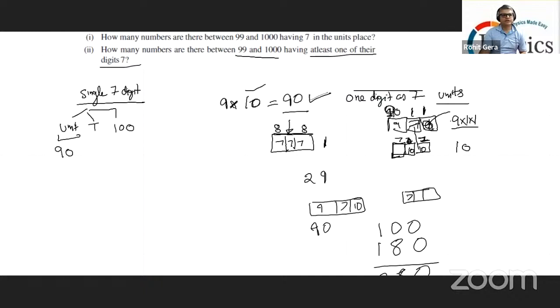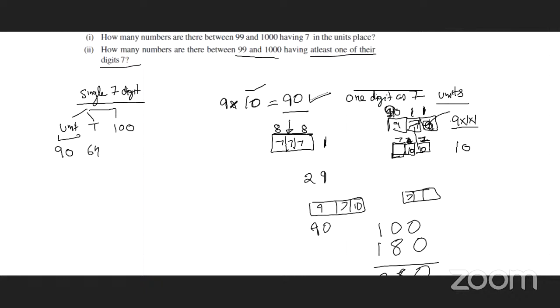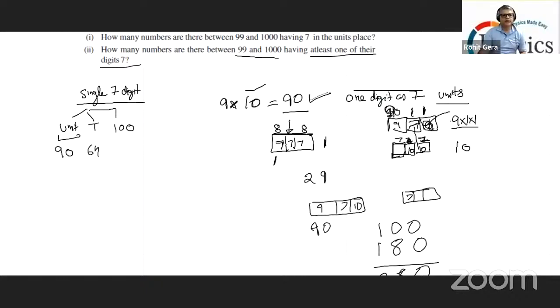So this becomes 64. And if it is in the hundreds place, the remaining digits can all be used, 7 cannot be used, so 9 and 9, 81. So 90, 64, 81, that's 235 for a single 7.